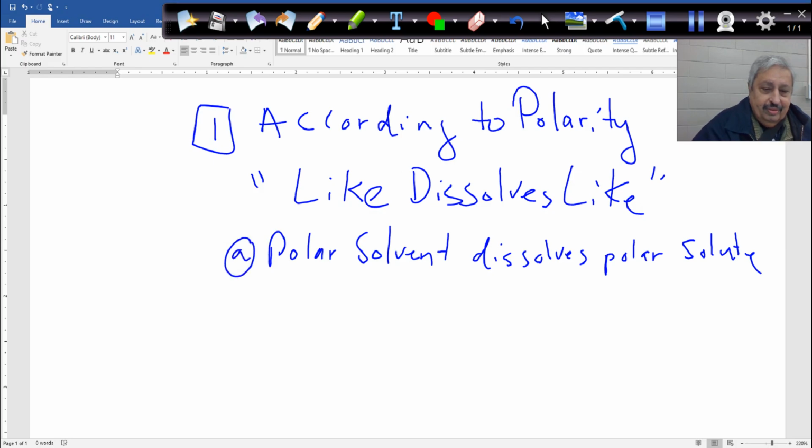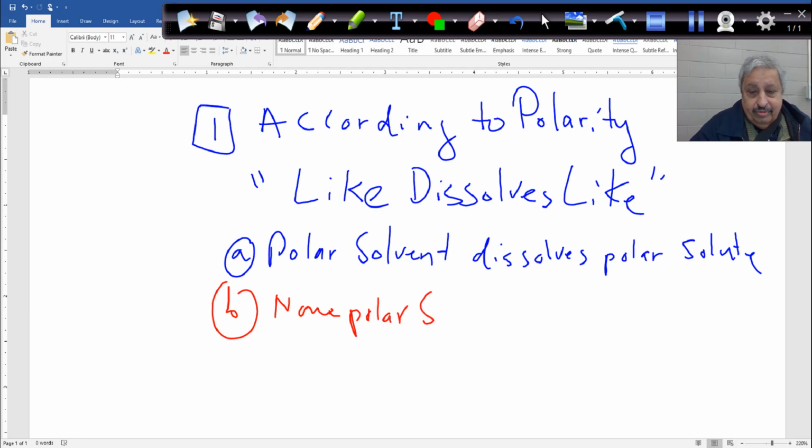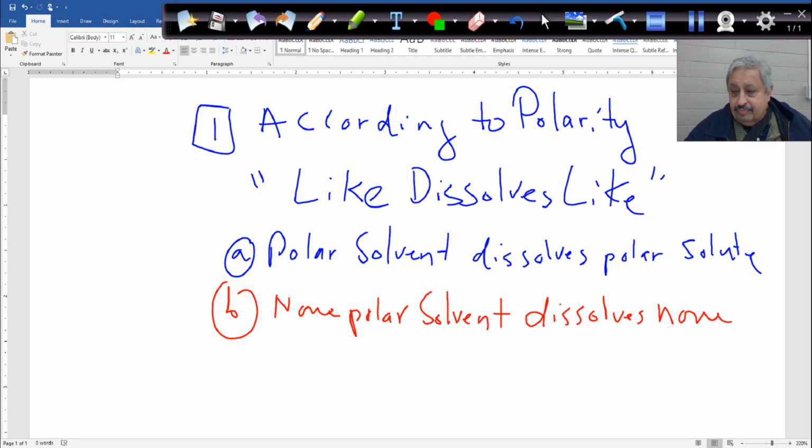This is A. Let's put B here. And B here, non-polar solvent dissolves non-polar solute. This is none.